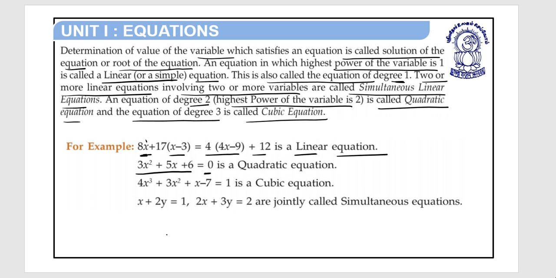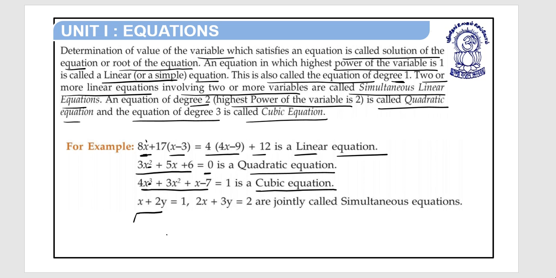Here the power of the variable x is 2, so it is called a quadratic equation. 4x³ + 3x² + x - 7: the highest power of the variable is 3, so degree 3 is called a cubic equation.